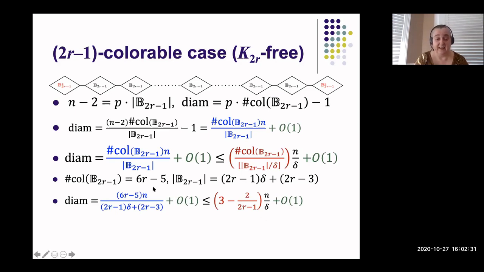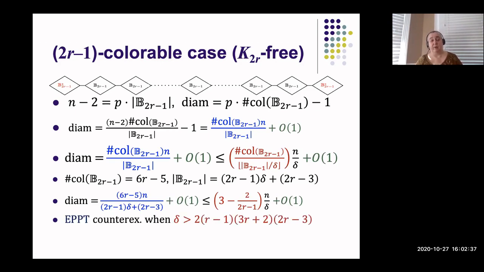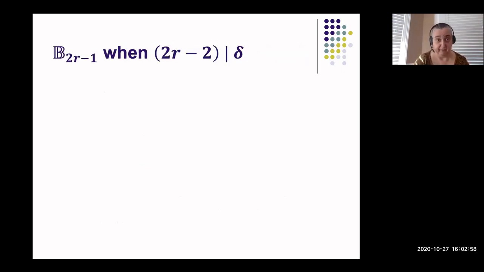This is the actual quantity that we get with equality. And this is the counterexample for the Erdős, Pach, Pollack, Tuza conjecture when delta is big enough. These examples show that you can't shave off that extra thing when delta is big enough. If delta is smaller than this quantity, Erdős, Pach, Pollack, and Tuza might still be right.